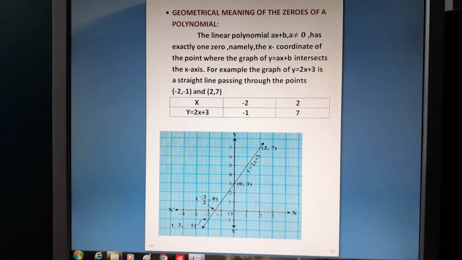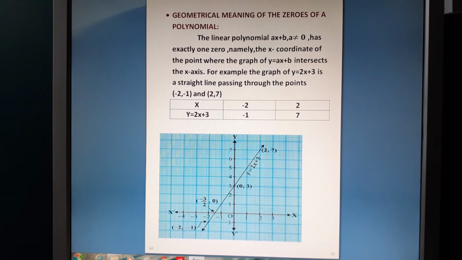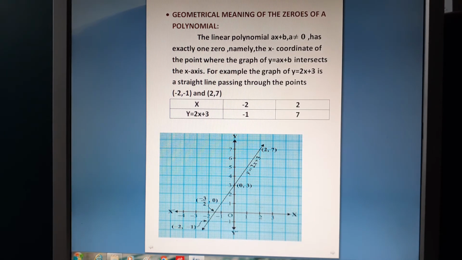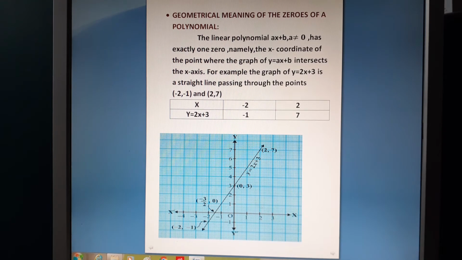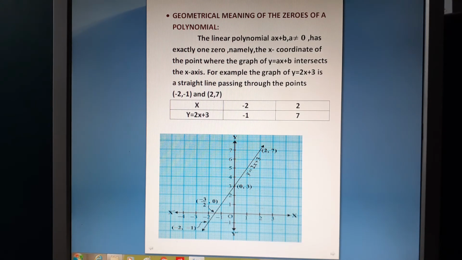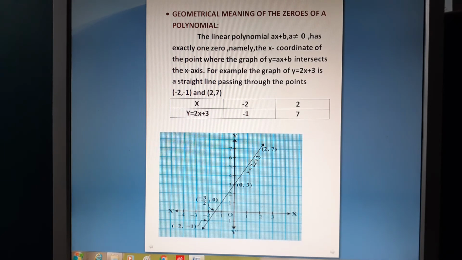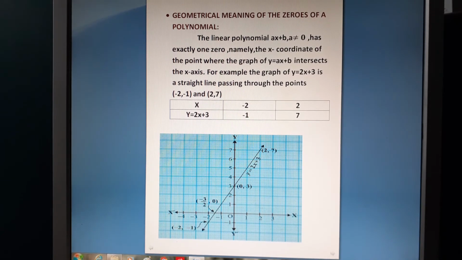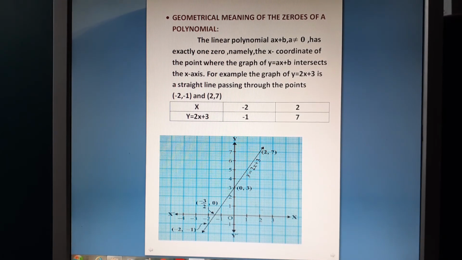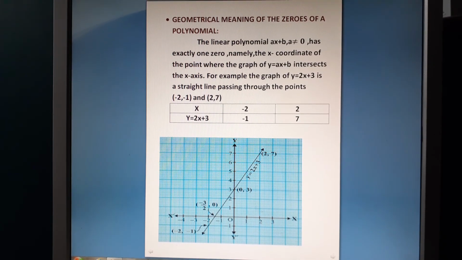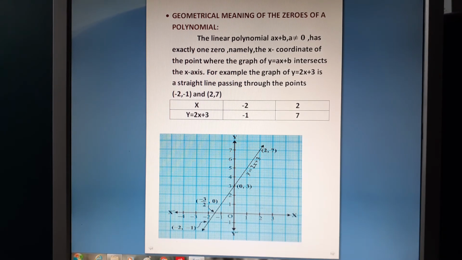The given graph is y is equal to 2x plus 3. Take the points for x as minus 2 and 2. Substitute minus 2 in y, we get minus 1. If we substitute 2 in y, we get 7. So the points are minus 2, minus 1 and 2, 7. See the diagram. See the graph, x-axis, y-axis.